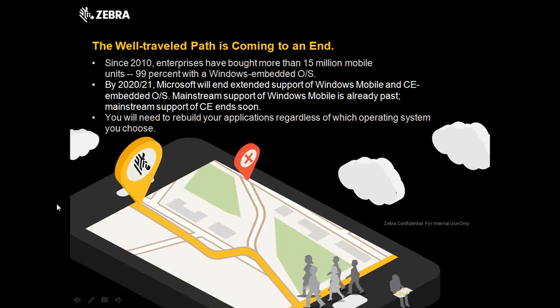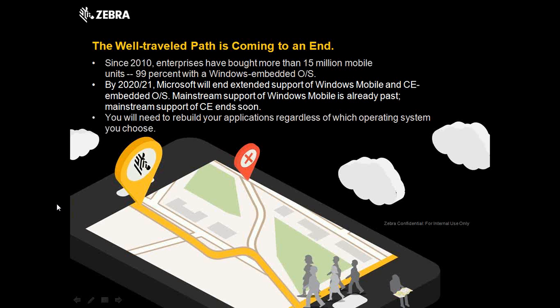What that means to us as end users of technology, or even us as partners and providers of that technology, is that this path is going to dictate that applications are going to have to change.